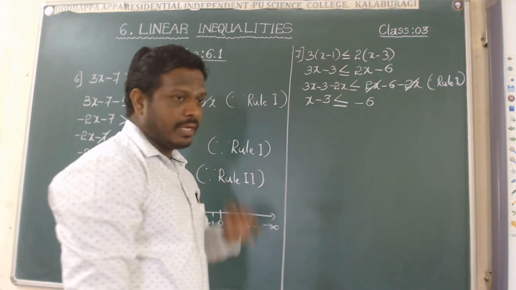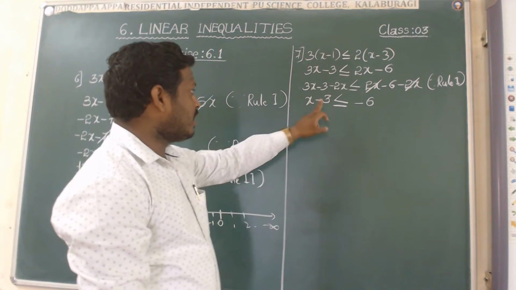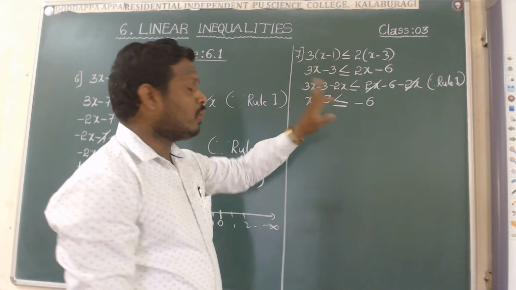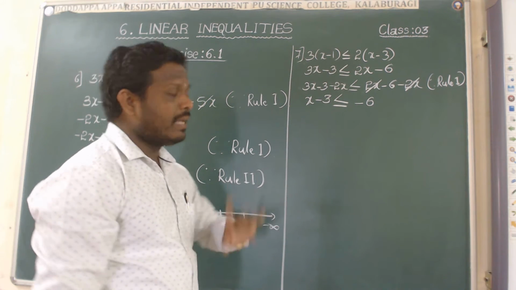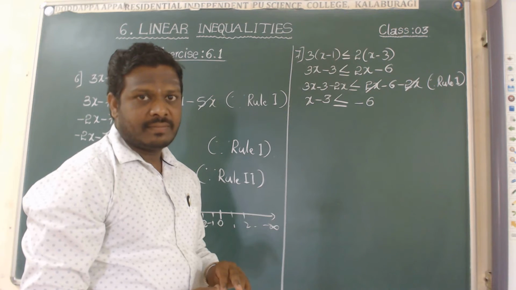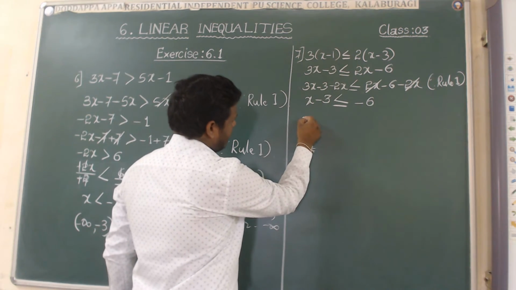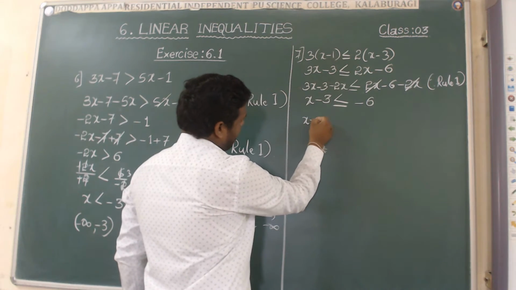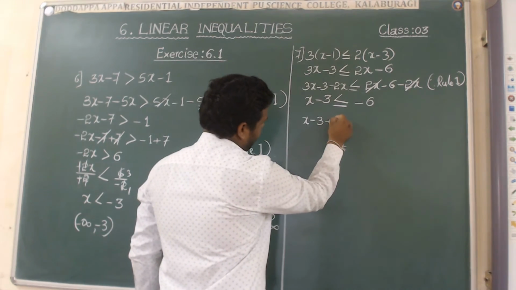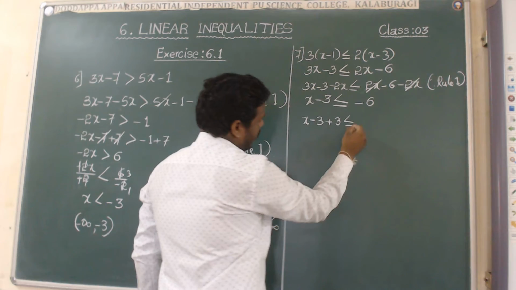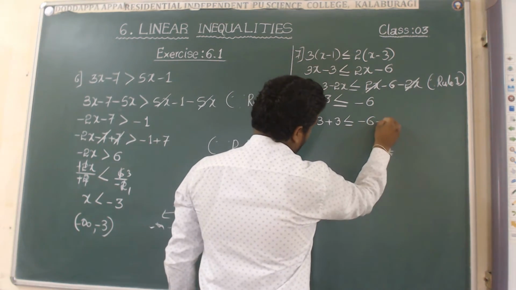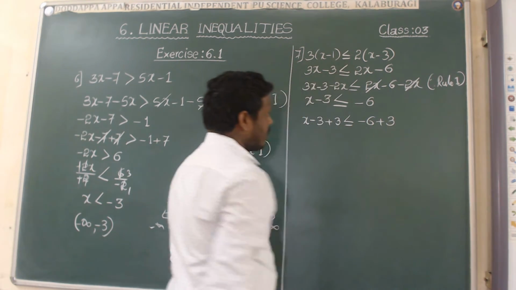Again, for removing the minus 3, I am going to add 3 to both sides, that is x minus 3 plus 3 less than or equal to minus 6 plus 3. Getting my point?